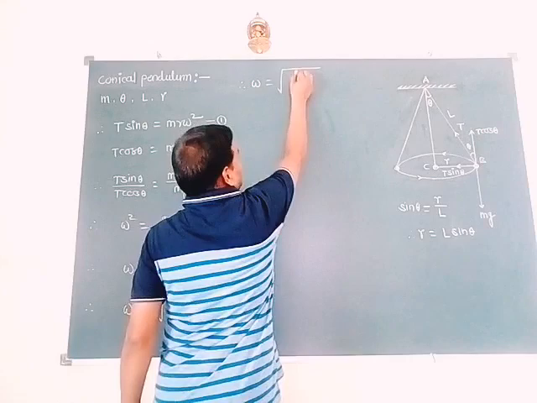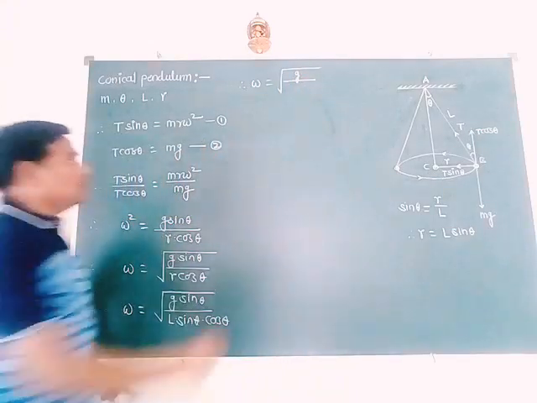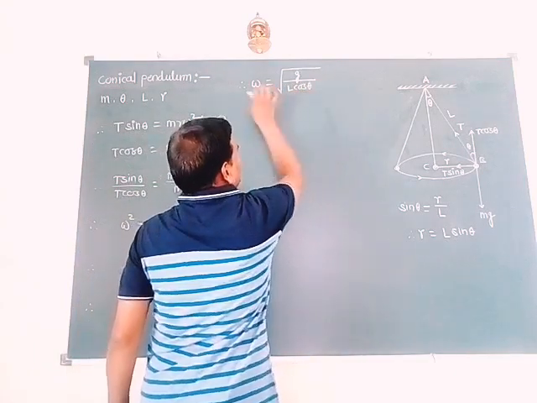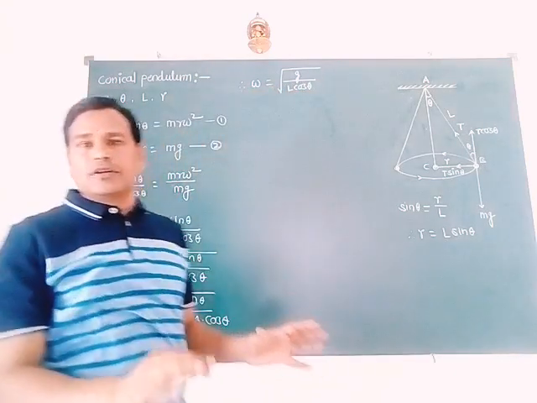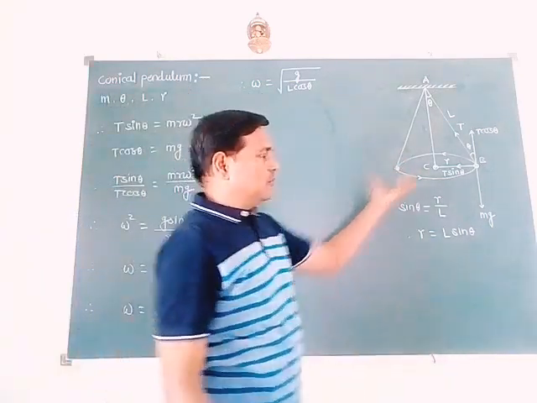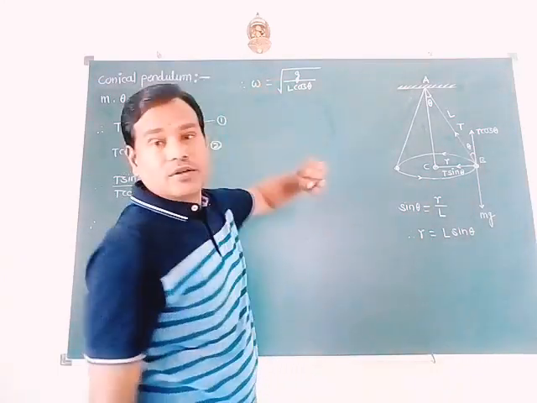Here remains only g divided by L into cos theta. So this is the expression for angular velocity of the conical pendulum: omega equal to square root of g by L cos theta.